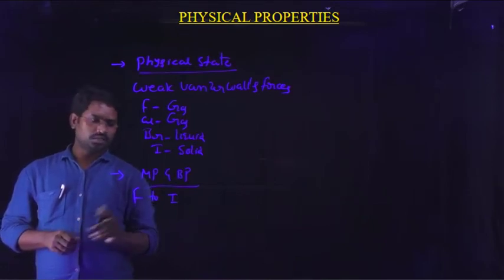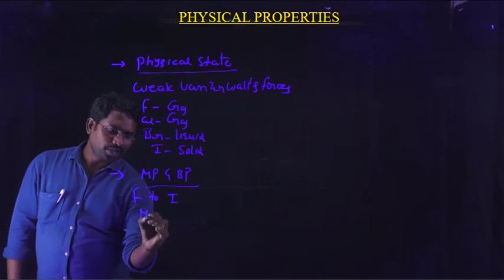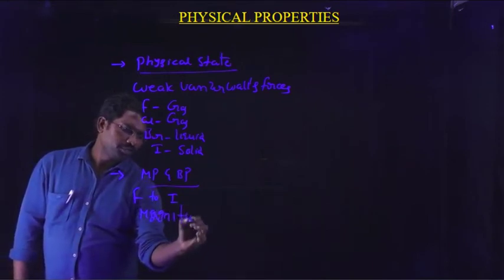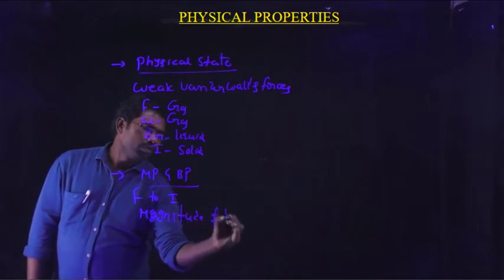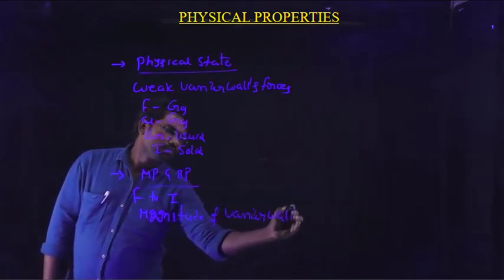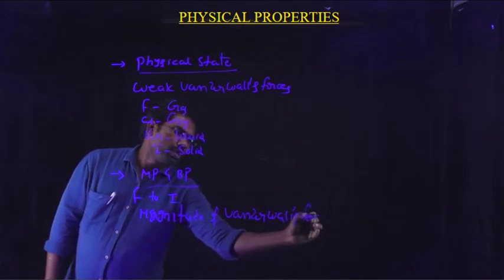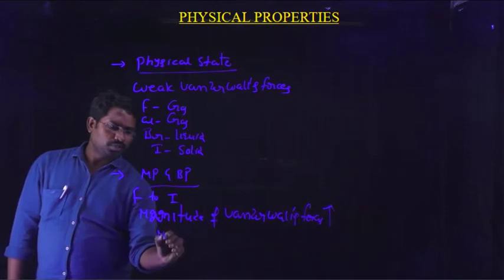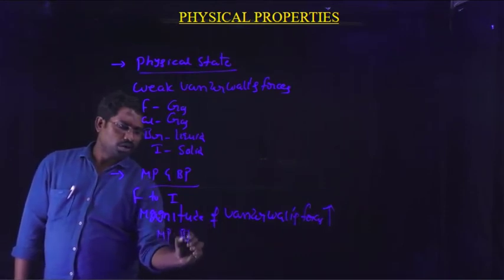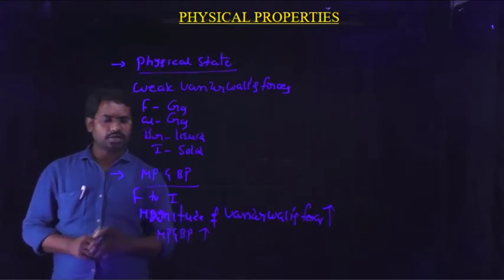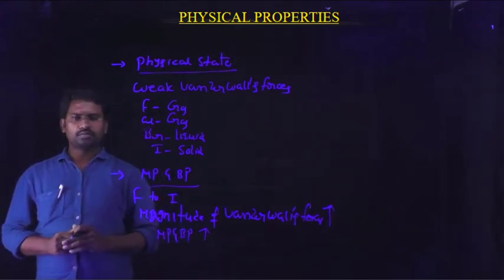From fluorine to iodine, the magnitude of van der Waals forces increases, therefore their melting point and boiling point values also increase. So this is the second one, melting point and boiling point.